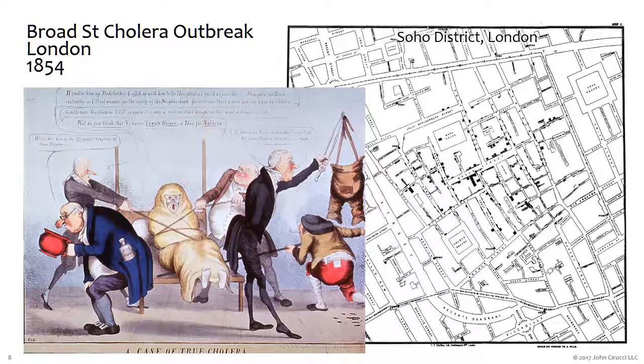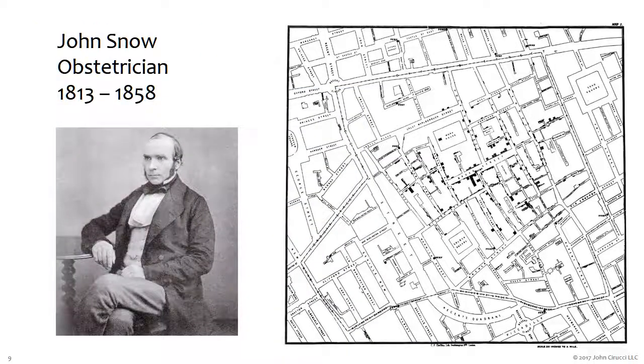They thought it was bad air or something like that. There was a doctor, John Snow, who hypothesized that it was a waterborne vector. And when this particular outbreak happened on Broad Street, he decided to try to find some evidence for that.